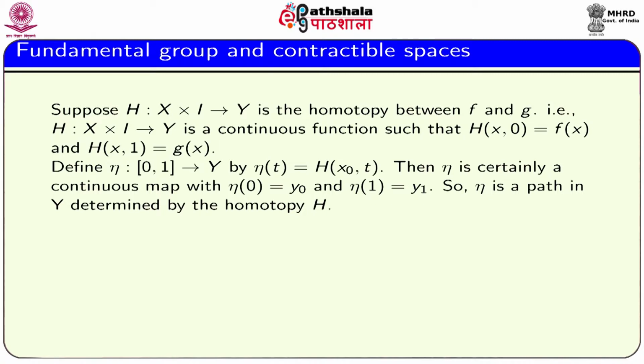Then eta is certainly a continuous function such that eta(0) is y0 and eta(1) is y1. So, eta is actually a path connecting y0 and y1, and this path is determined by the homotopy H. Our claim is that eta cap, the way it is defined earlier, composed with f sharp is equal to g sharp.